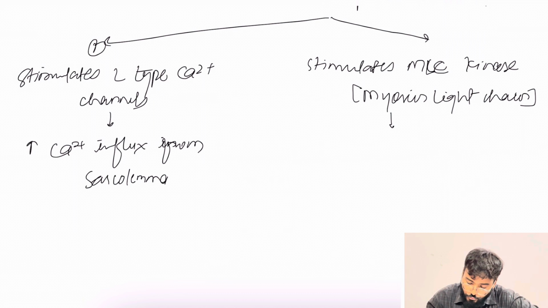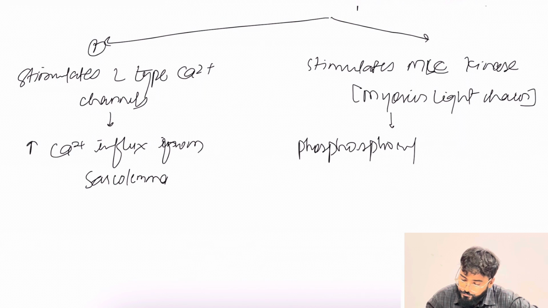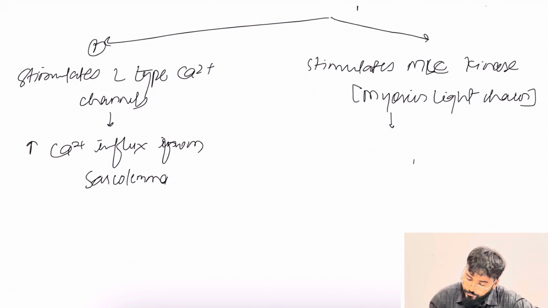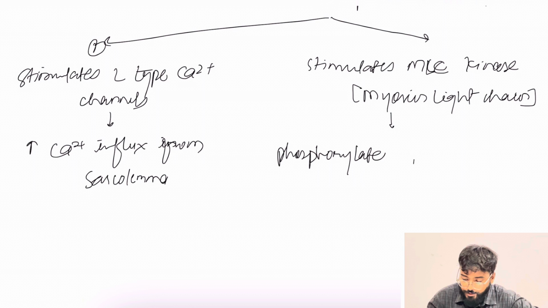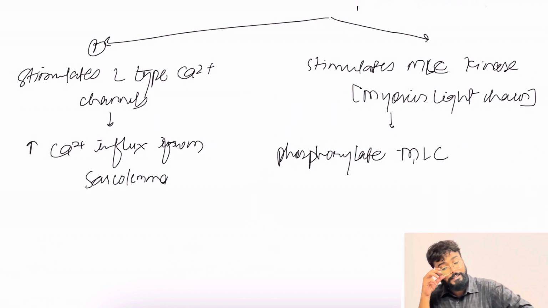It is going to phosphorylate your MLC. Myosin light chain kinase is an enzyme which in turn phosphorylates myosin light chain.